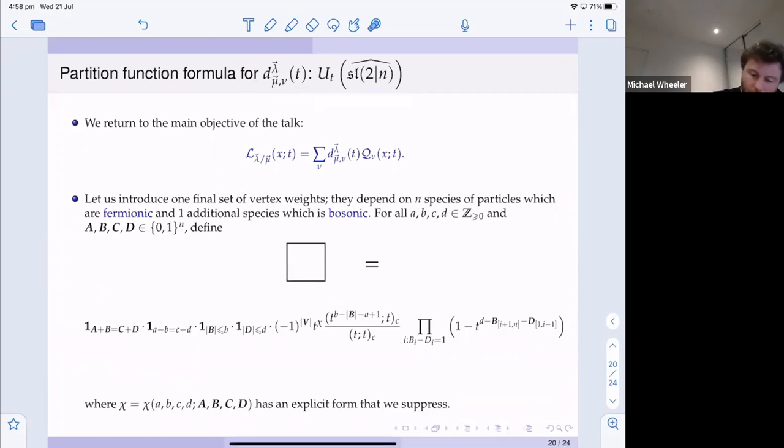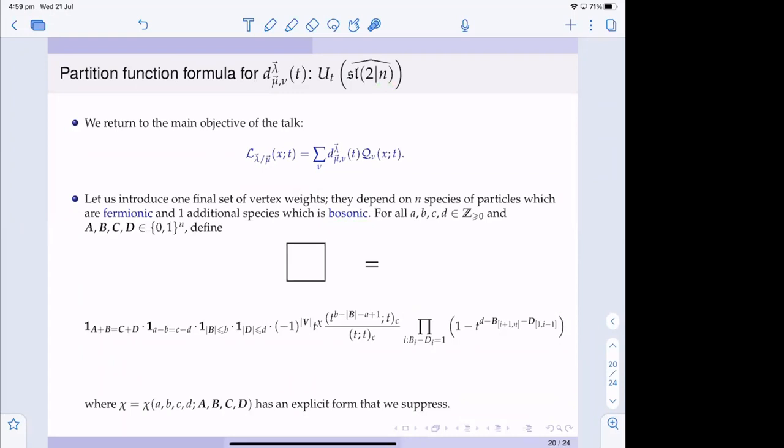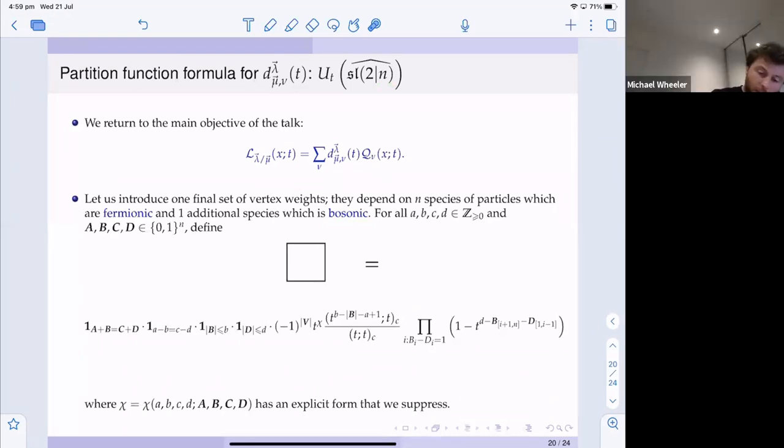So I have sl(2|n) now. And this 2 is telling me that I have one species of particles which will be bosonic, and I have n species of particles which are going to be fermionic. There's going to be some combination of bosonic and fermionic particles in the model. And the weights are as follows.